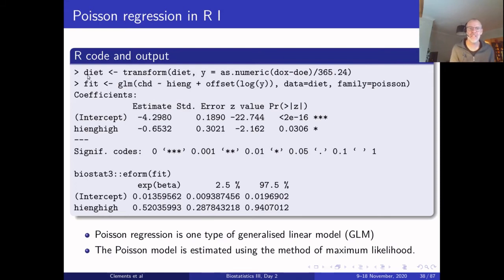For the diet data, we could have used either transform or mutate. We basically take a copy of the diet data from the package and put it into the working frame, and we calculate y, which I think is actually already available, but in this case we will recalculate y as the date of exit minus the date of entry divided by 365.